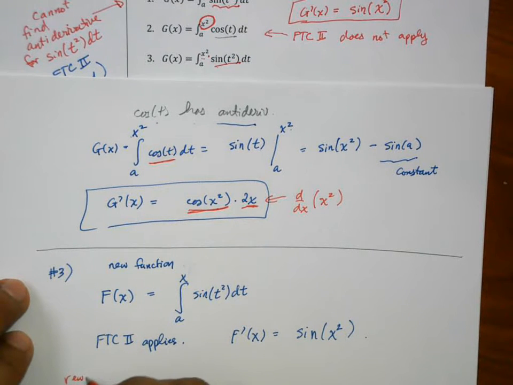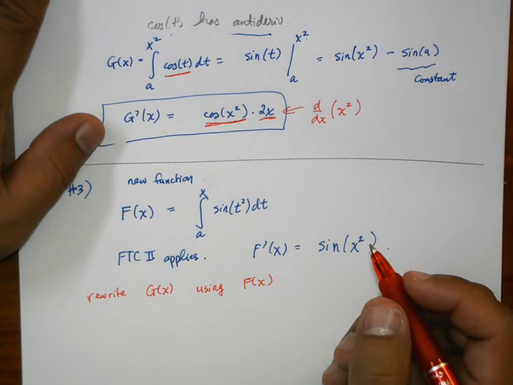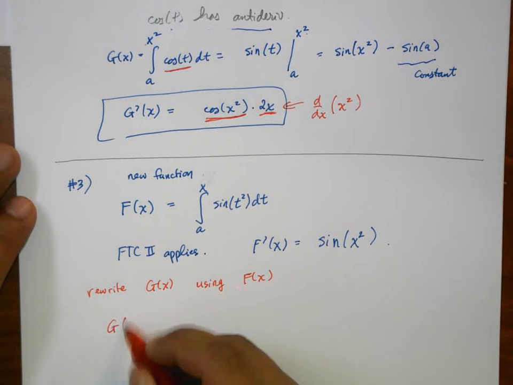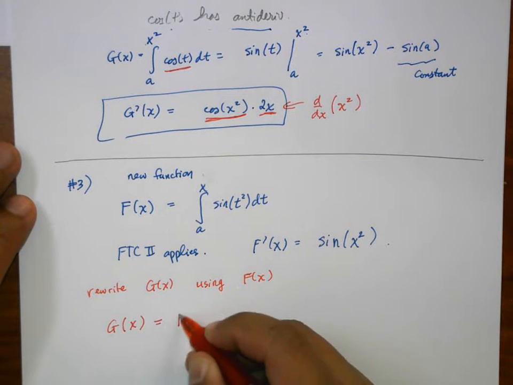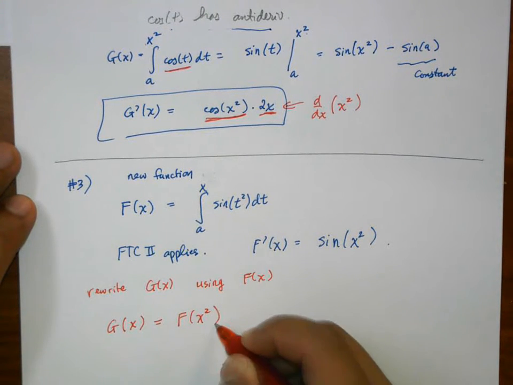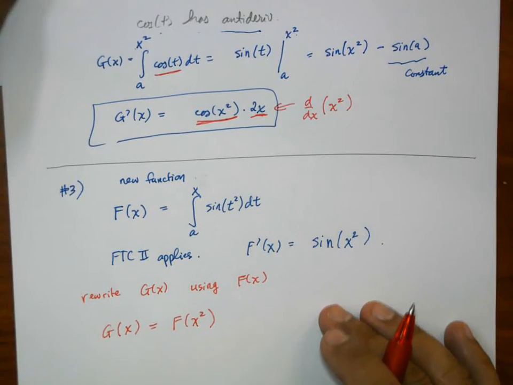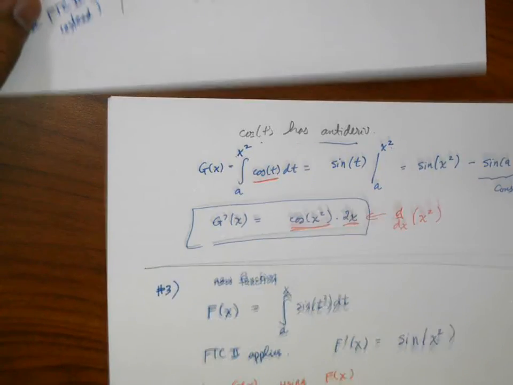Okay. Now we're going to use F to help us find G. So we are going to rewrite big G using big F. So G of x is really F of x squared. You look at the original problem that we had here.